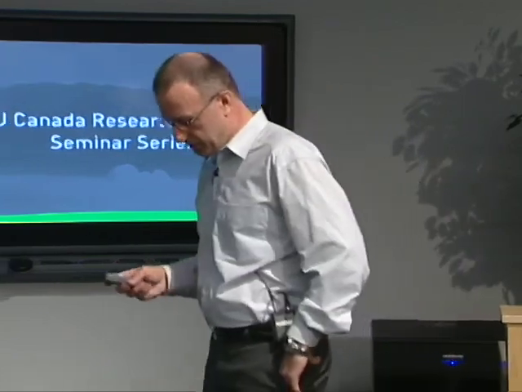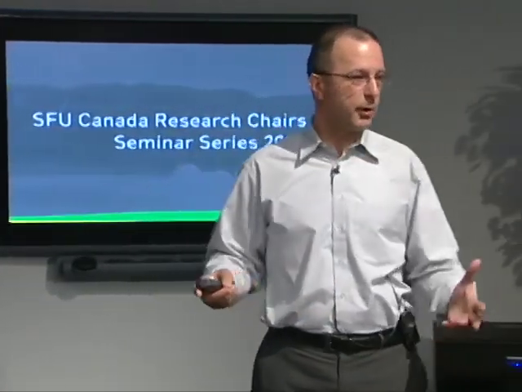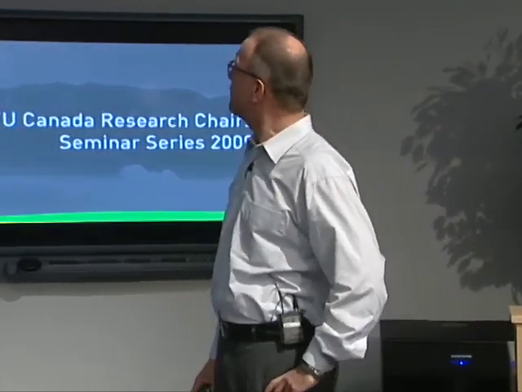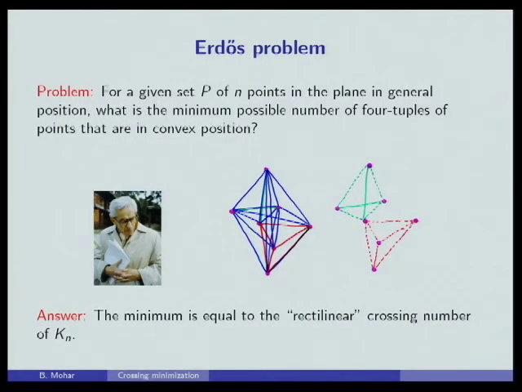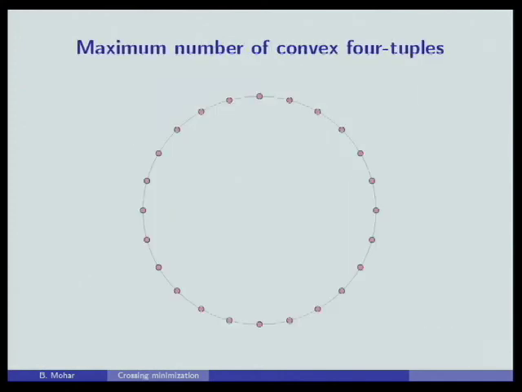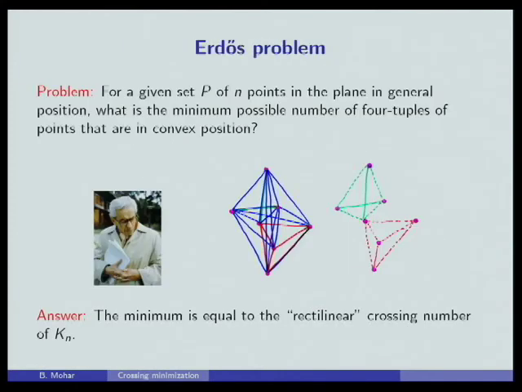Paul Erdős, another Hungarian mathematician, probably the most well-known graph theorist, besides Bill Tutte, who was mentioned before, introduced the following problem. It's a purely discrete geometry problem. You are given some points in the plane, let's say n points in the plane, like these purple points here.